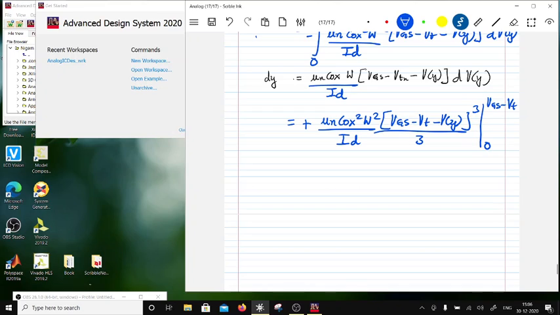The first term will result in 0. The second term will result in mu n COX squared W squared by ID times VGS minus VT cubed divided by 3.